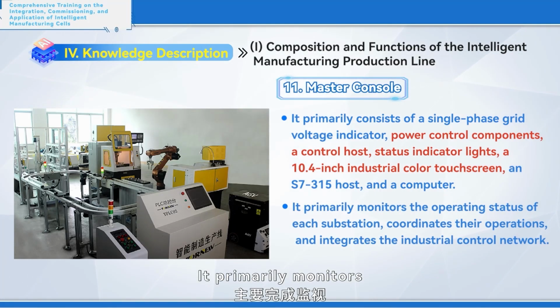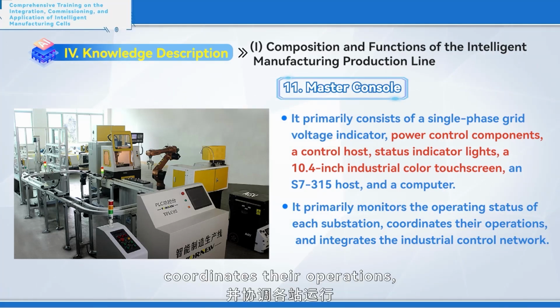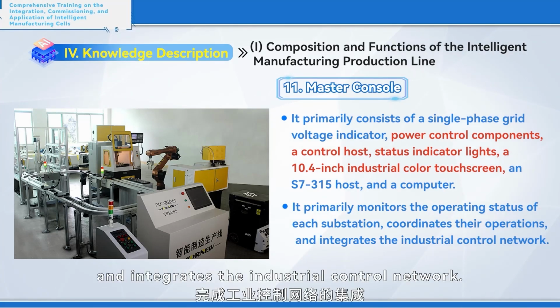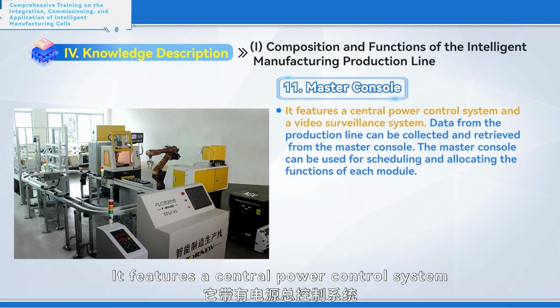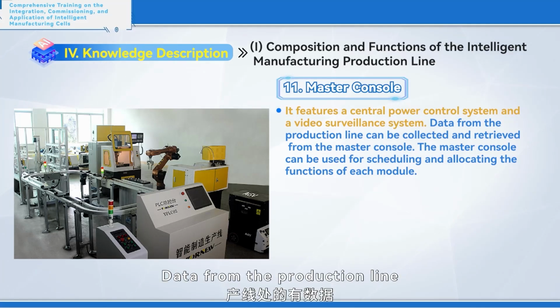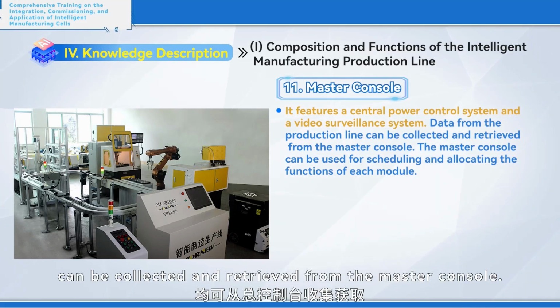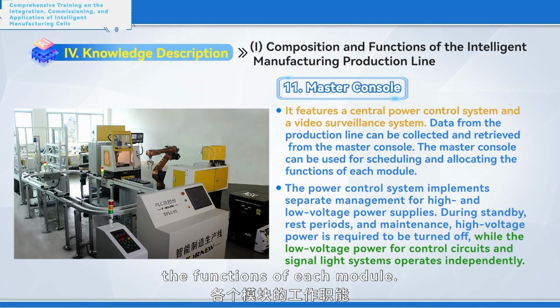It primarily monitors the operating status of each substation, coordinates their operations, and integrates the industrial control network. It features a central power control system and a video surveillance system. Data from the production line can be collected and retrieved from the Master Console. The Master Console can be used for scheduling and allocating the functions of each module.